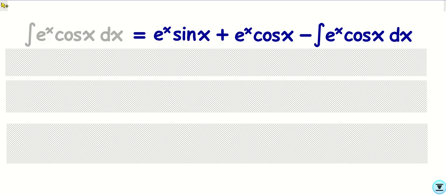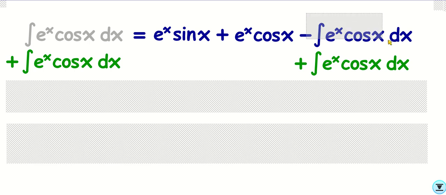Remember, the original problem was this, integral of e to the x cosine of x dx, which has basically been over here on the left side of the formula this whole time, technically. And so you know what we're going to do? Since we have the exact same integral here and here, check this out. This is going to be brilliant.